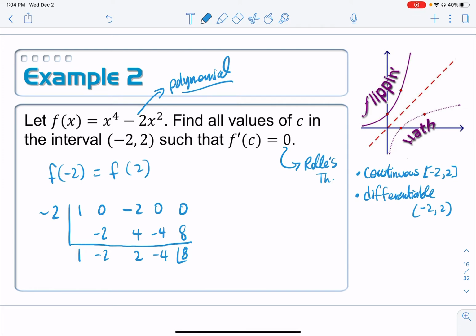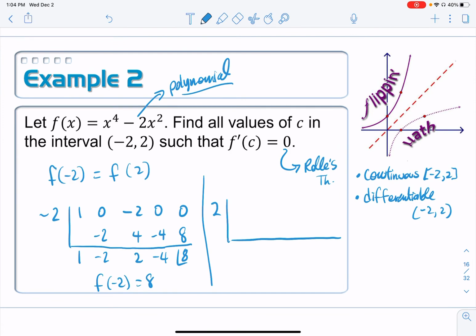Remainder of 8, which means that f of -2, of course, is 8 by the remainder theorem. And then let's do the same thing on +2. 1, 0, -2, 0, 0, 1, 2, 2, 4, 2, this is looking really familiar, except without positive and negative numbers, 4, 4, 8.